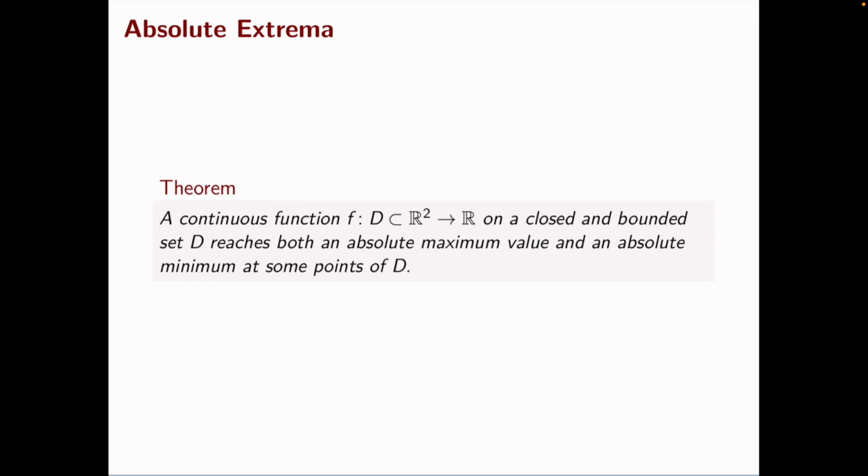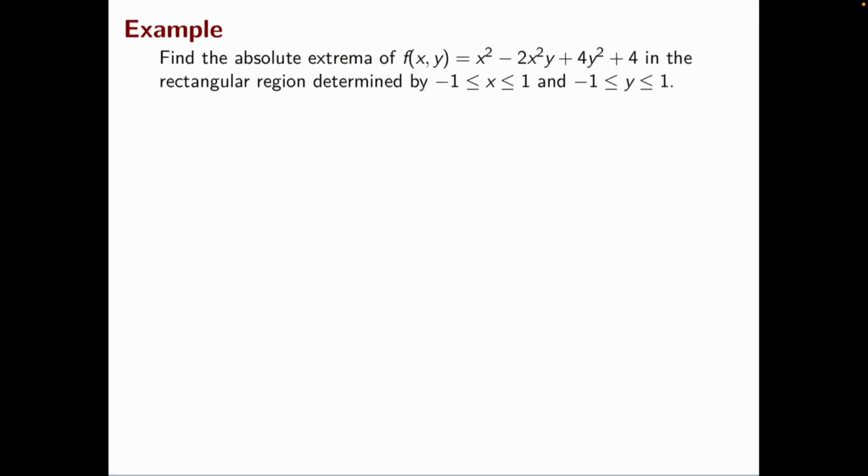So these points could be in the interior of D, that would be some of the critical points, or could be in the boundary of D. Then, to calculate the absolute extrema of the function, we're going to start by calculating the critical points and evaluating the function at the critical points, but that will not be enough. So we're also going to need to determine what happened in the actual boundary of the region.